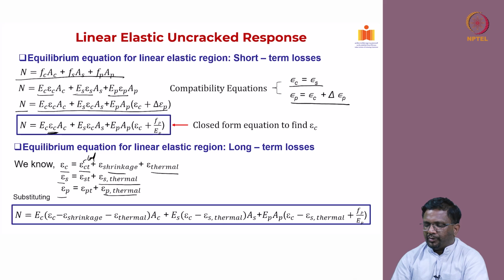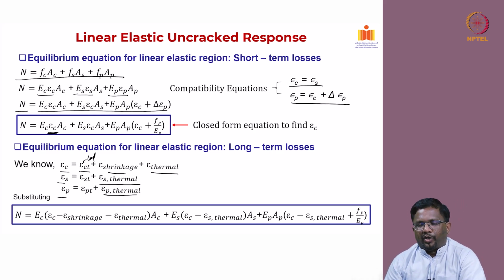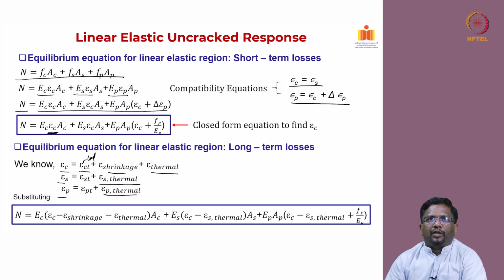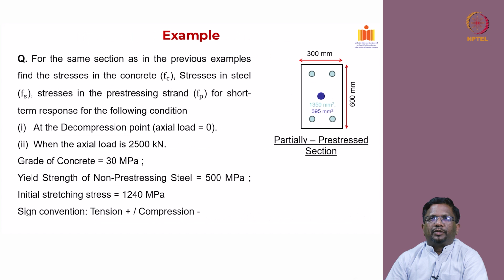So, if you substitute all of them for epsilon c, again from this relationship you can find this very simple expression for calculating, for a particular load, what is the strain, or in other words for a particular strain what is the load it is resisting. So, in this way, for the linear elastic regime, a simplified expression also can be developed.